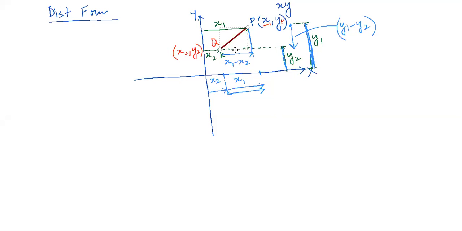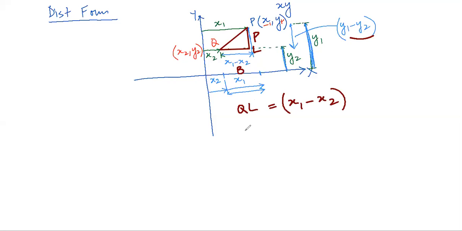So now you see I'm getting a right angle triangle here, students. In this right angle triangle, let's say this is L. So the base is QL, which is x1 minus x2.